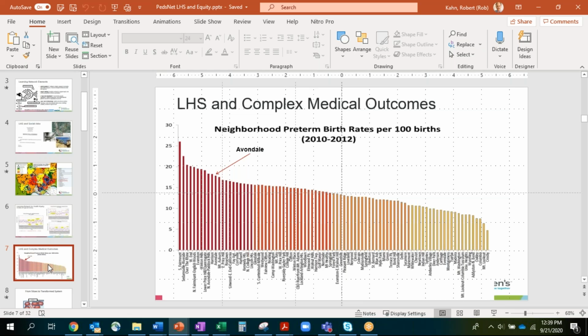Even at a distance, you don't have to see all the neighborhood names, but there's a not surprising gradient in preterm birth across the neighborhoods. And I call out Avondale, where the hospital sits, about 200 births per year.